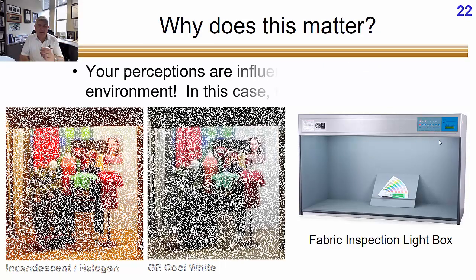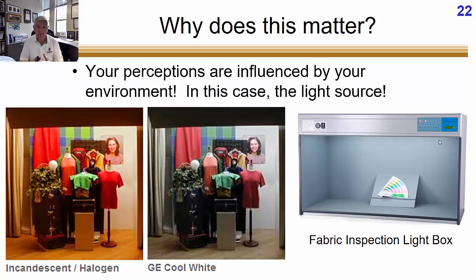All right, why does this matter? Well, it matters because depending on what type of light you're using, it changes the wavelengths that are able to be reflected off of those dyes and pigments. So here we see a display of clothes in incandescent light, and we see that exact same display in a GE cool white light, and you can see it's become much less red and orange and much more bluish in appearance, right?